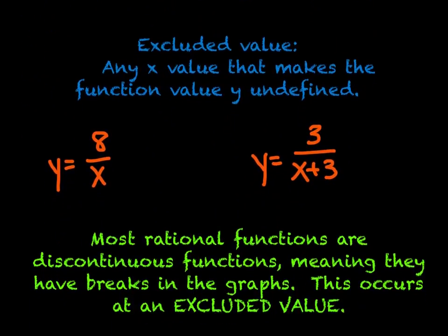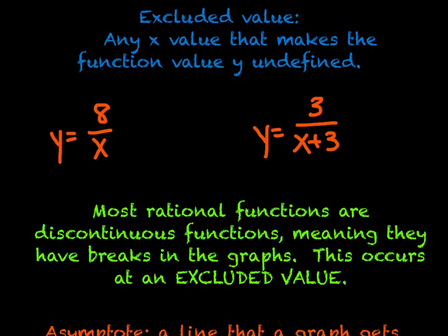Now, there is a concept of excluded value when it comes to these sorts of equations. If we remember from the past, if the denominator of a fraction or of a division problem is 0, then we get a situation where y is undefined. It is literally where mathematics no longer makes sense. It no longer holds true.